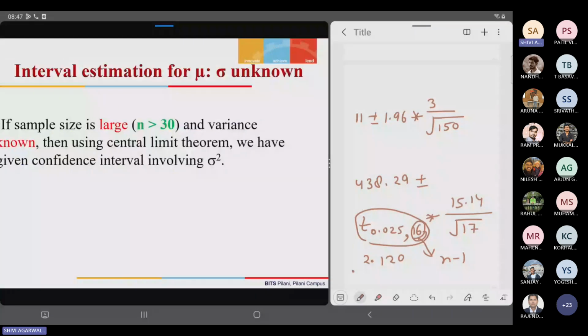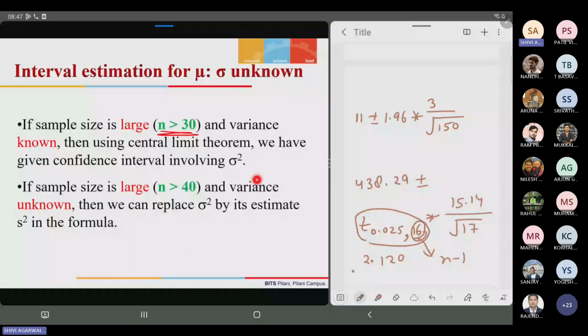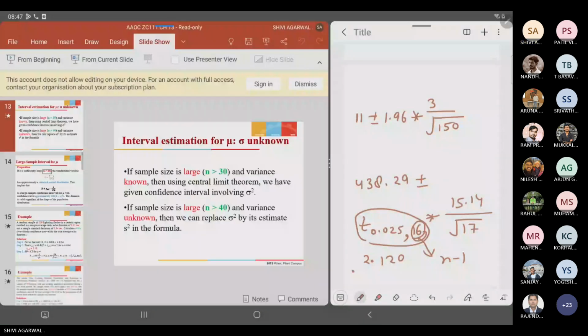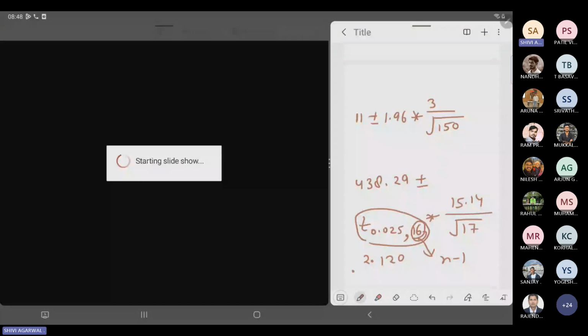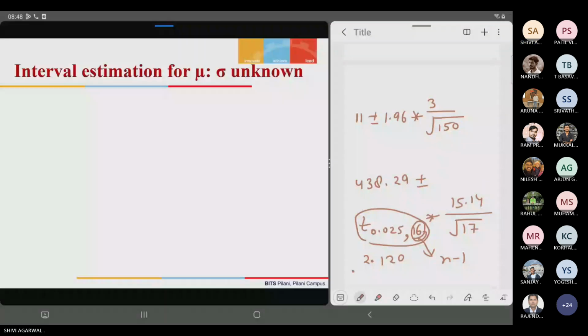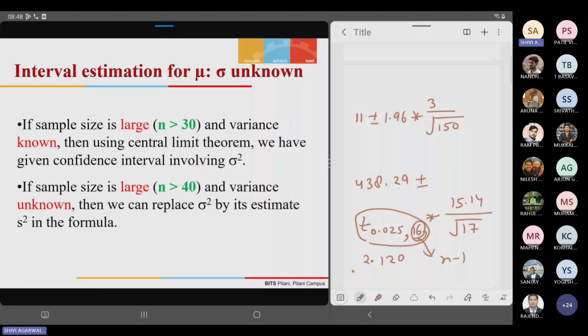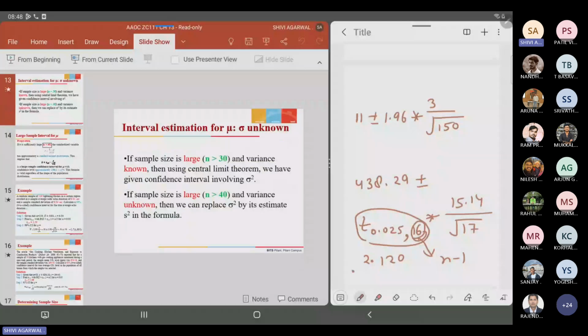Now there are two specific points, as we have discussed. If n is greater than 30, we can consider it a large sample size, and if the variance is known, sigma is given here, so we can use the central limit theorem and the Z test.